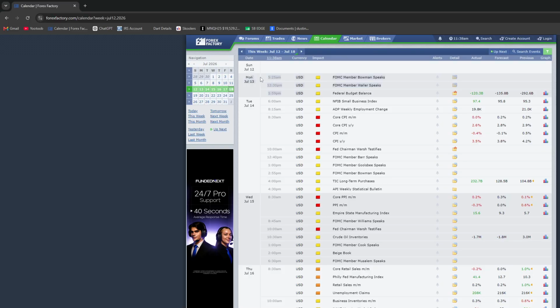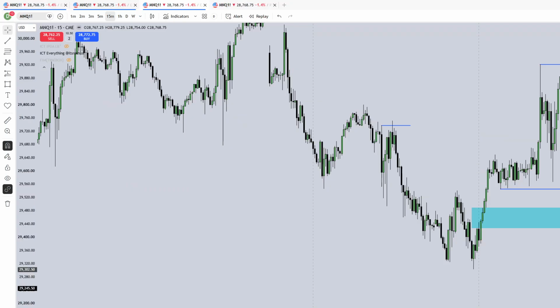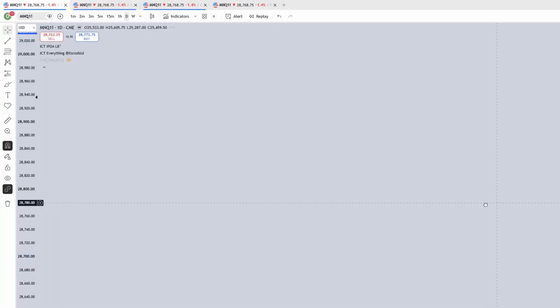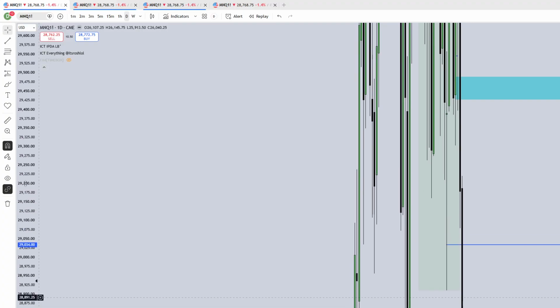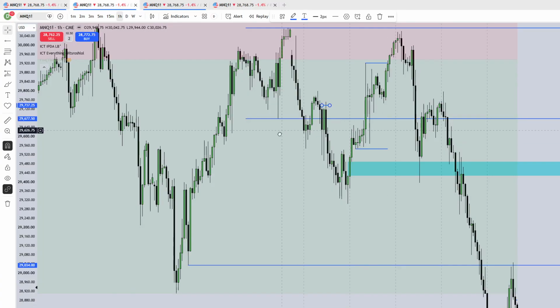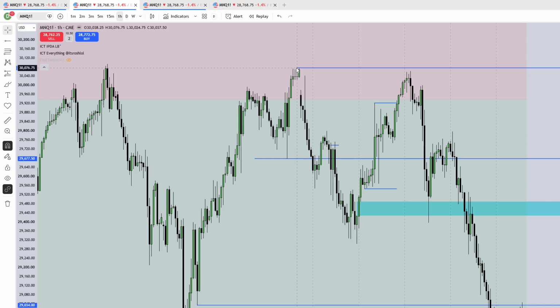So I'll show you Monday and what that looks like. So here is Monday. So I'm drawing previous day high, previous day low, and then coming into Monday we make a new low.